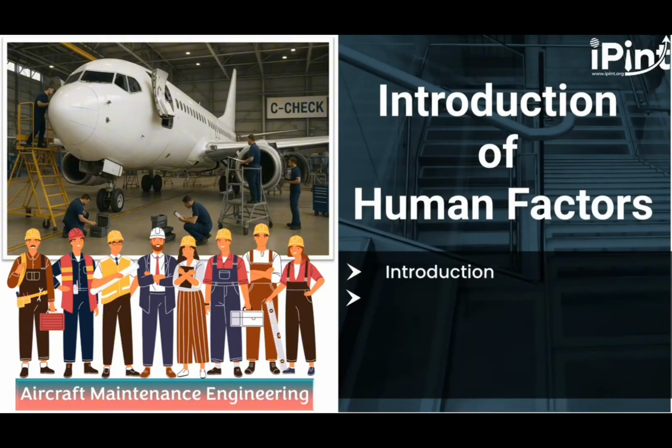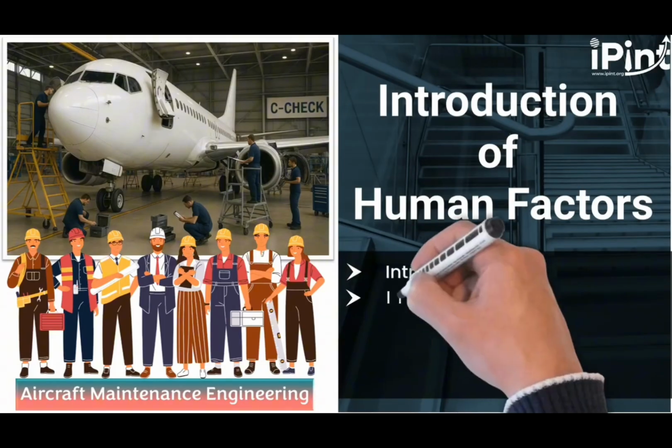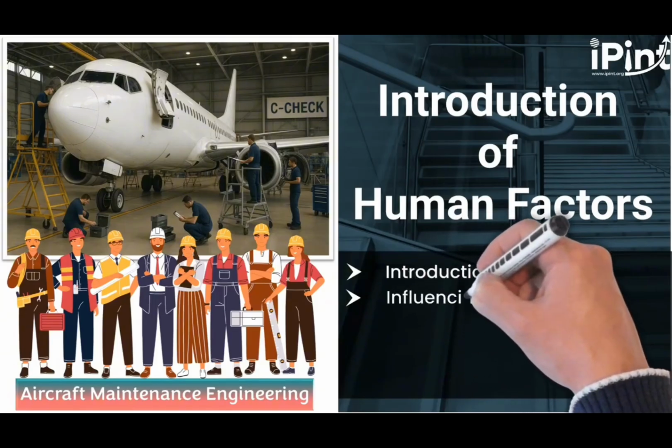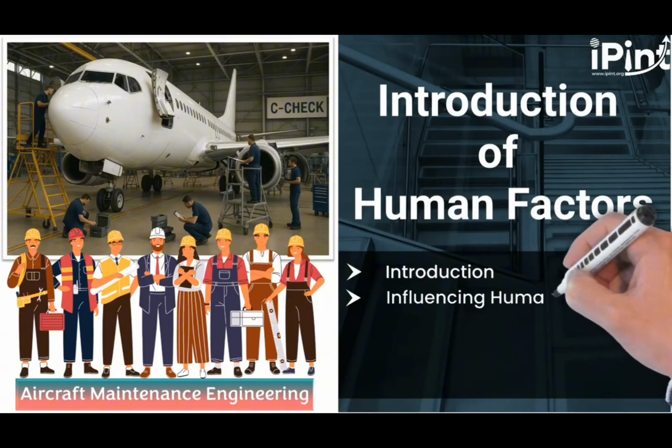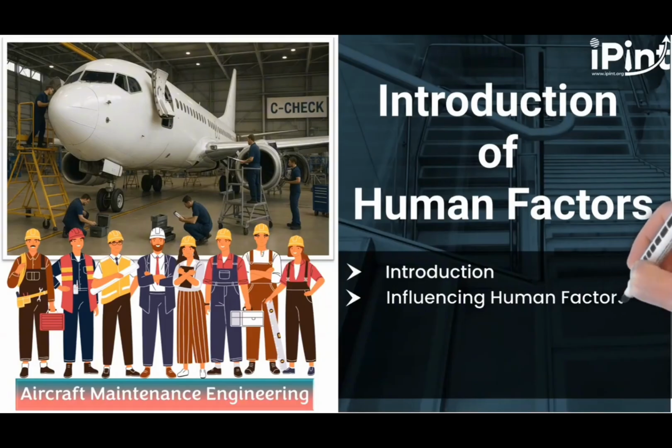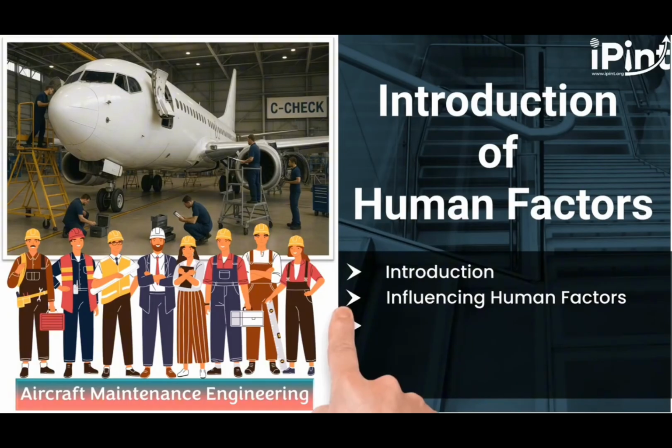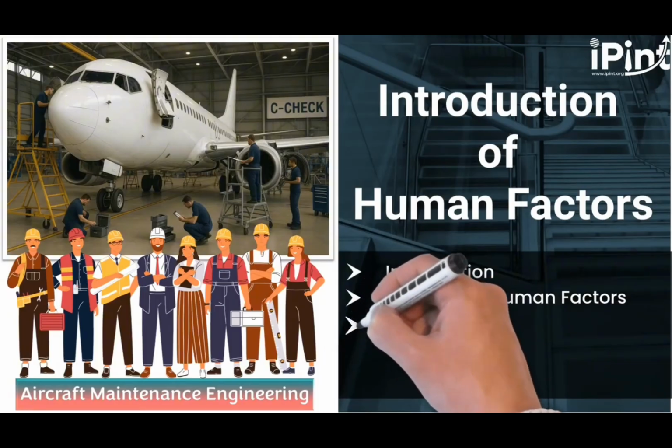From there, we move into influencing human factors, exploring the specific conditions, pressures, and personal states that shape the way people behave and perform at work. Because human factors do not exist in isolation, it is influenced by everything around us and within us.